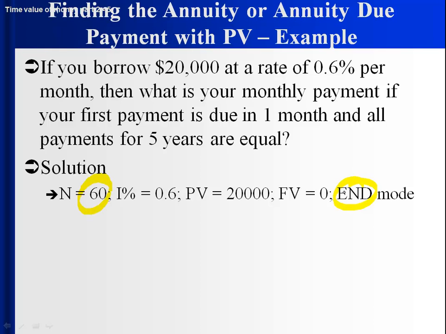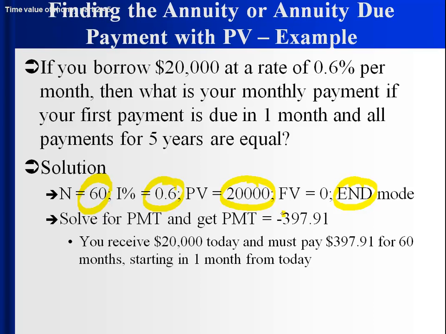They start in one period. The present value of all these payments is negative 20,000, so PV is the opposite of that. The interest rate on our loan, or the rate that we're going to discount all these payments by, is 0.6%. Solve for PMT. Our payment is $397.91. Every month we're going to pay $397.91 to the bank.